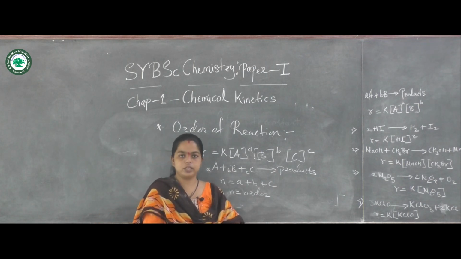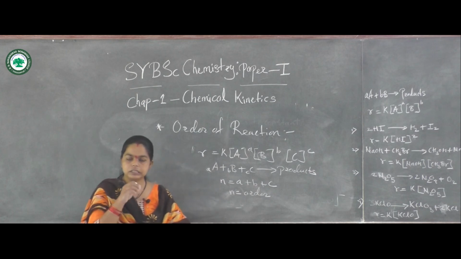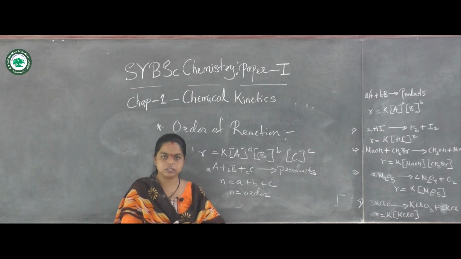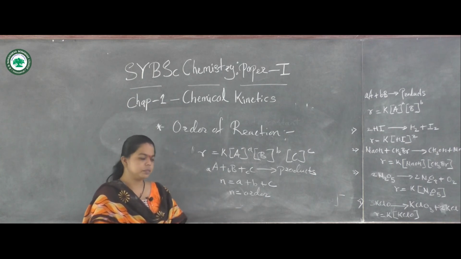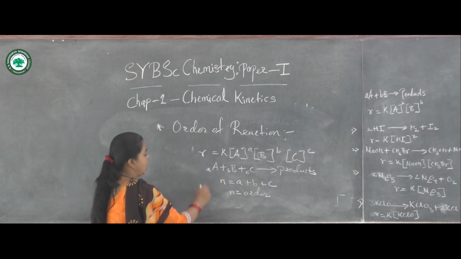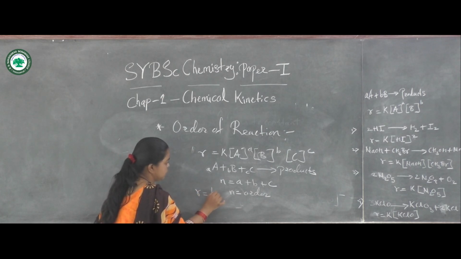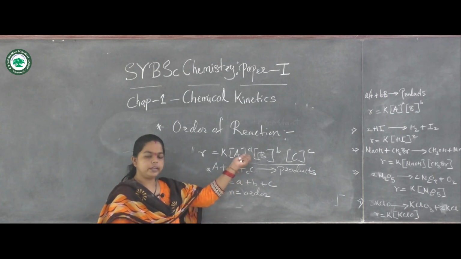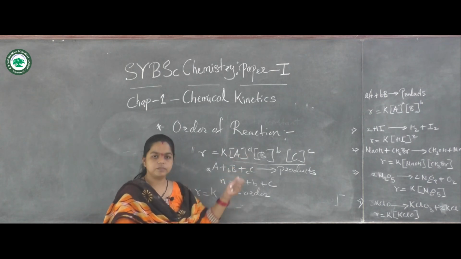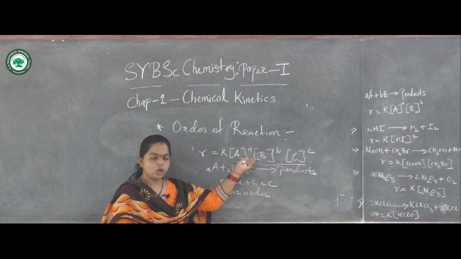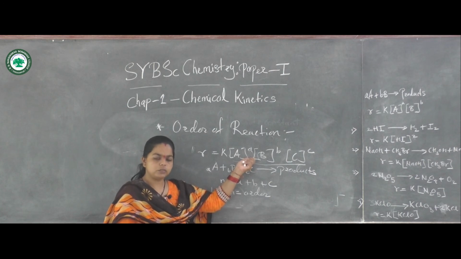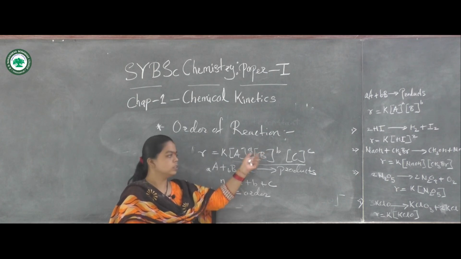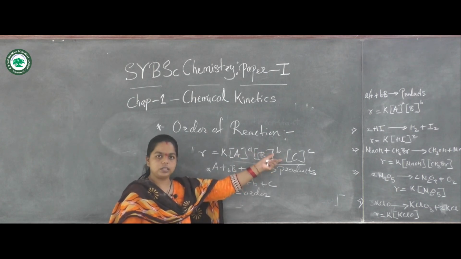When the order is 0, the rate of the reaction is independent of the concentration of the reactant. If the order is 0, that means the concentration is raised to 0, so the concentration term is removed or neglected.